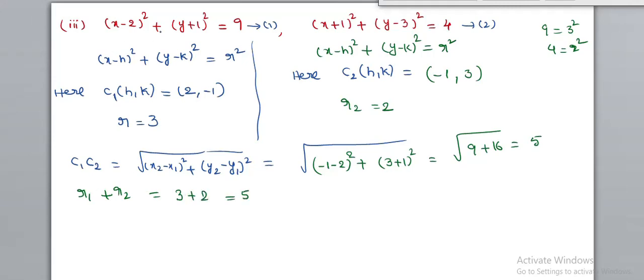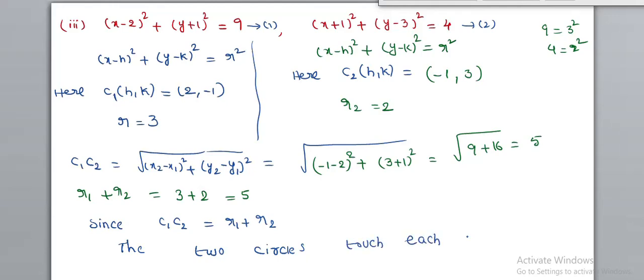So what do we observe? Since C1 C2 is equal to R1 plus R2, the two circles touch each other externally. Number of tangents formed is 3.